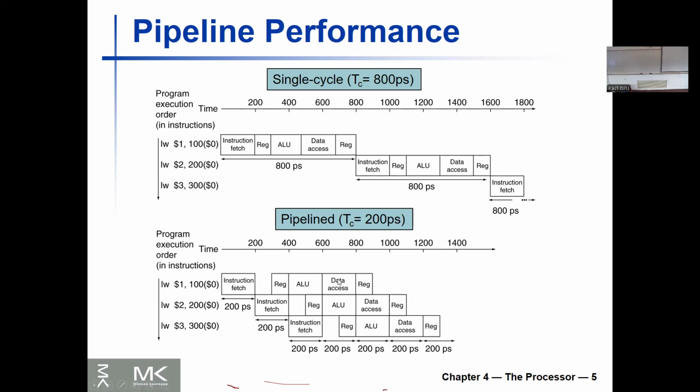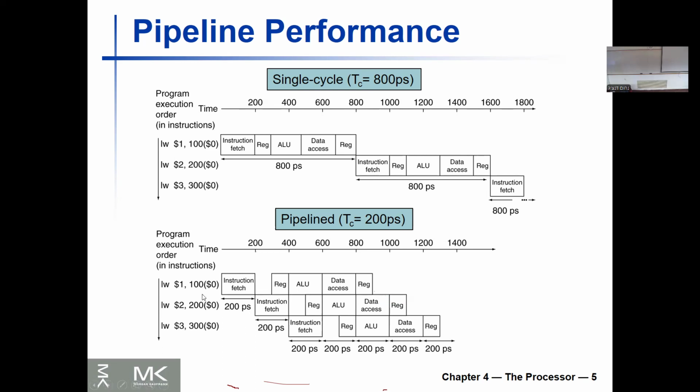Notice this is a timeline. So at this point in time, three things are happening at once. Now this command finished a little bit early, but we still couldn't start the next command until here, because we always have a fixed clock cycle. In any case, you see the basic idea?